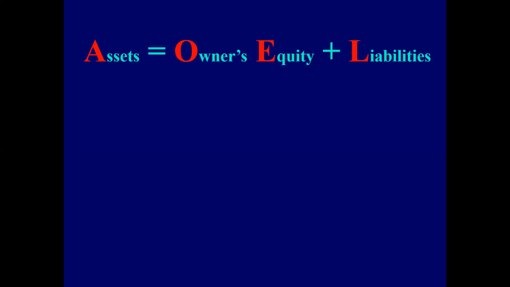You invest 1 lakh into your business, and this business must return the 1 lakh to you with profit. You cannot leave your 1 lakh as it is. You must get it back.